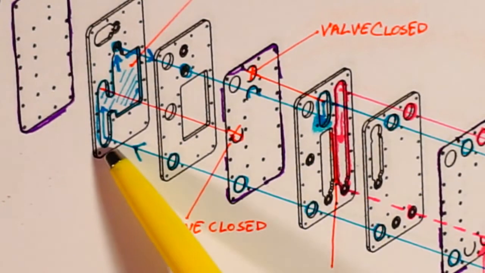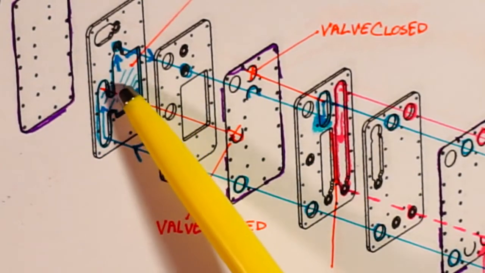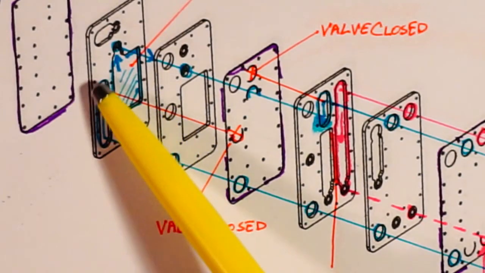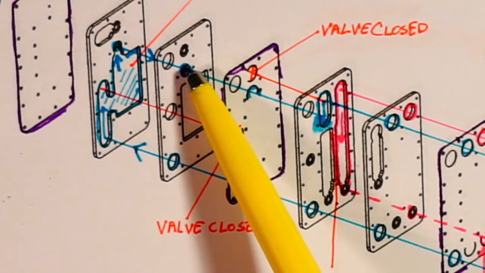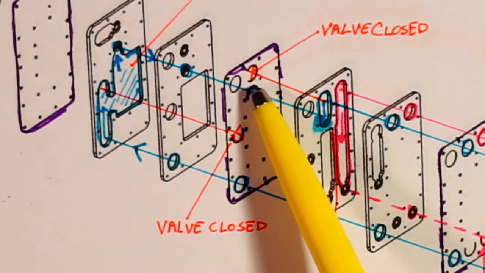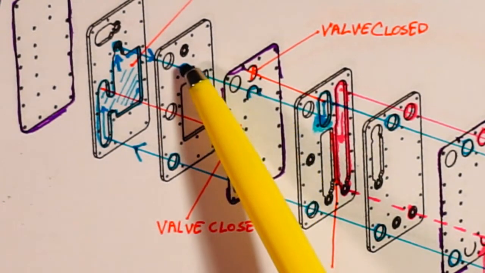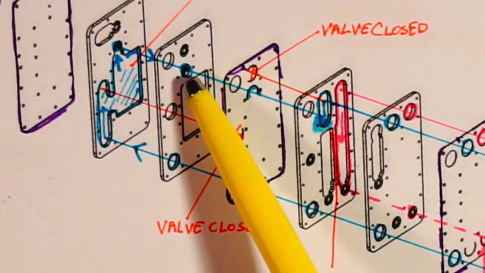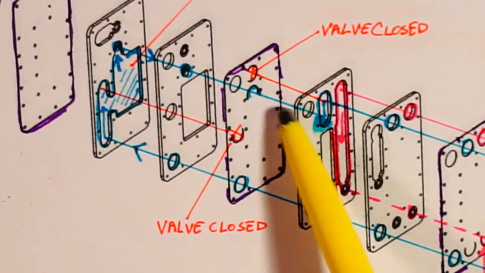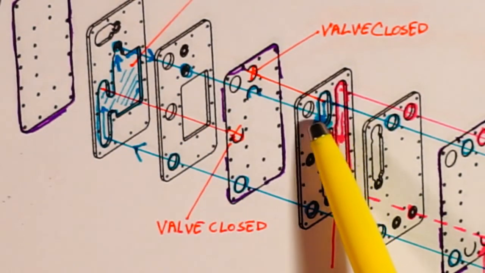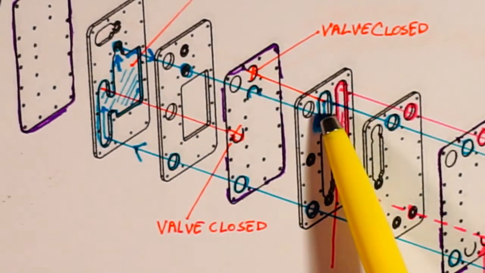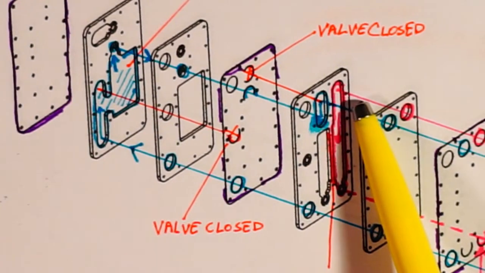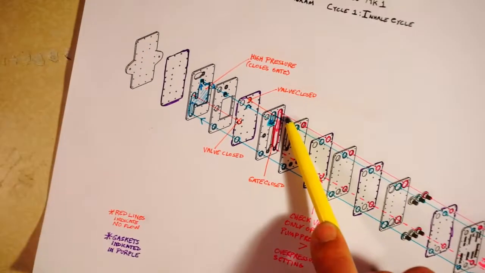Okay, so the high pressure in this chamber here blows out through this port here and this check valve. You can see that there's a check valve support in this smaller hole and no support in this larger hole in this chamber. And so air can flow through here, up here, and then out. Let's zoom out a little bit.